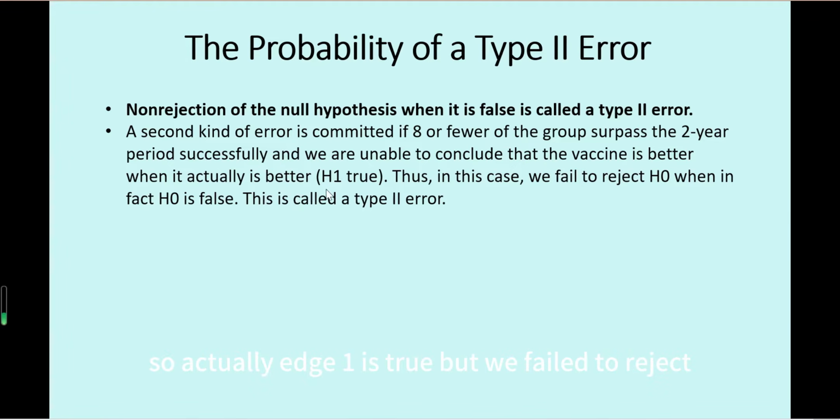So actually H1 is true, but we failed to reject the H0 and we hold the H0. So in this case, we fail to reject H0 when in fact H0 is false. So this kind of error is called a type 2 error.